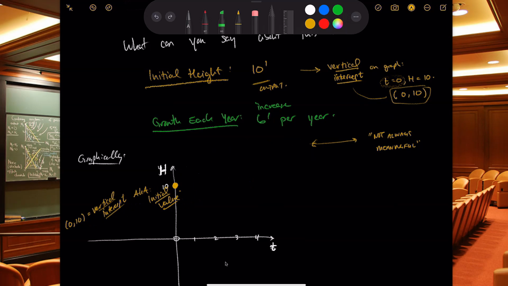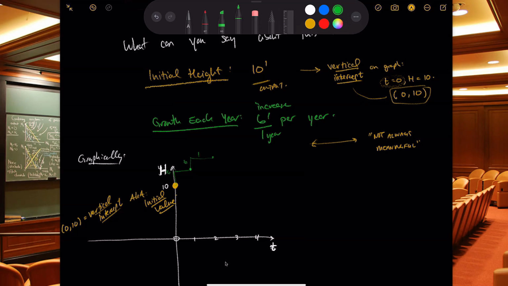One nice thing about having the not actual paper, even though I miss it, is that from 10, we have an increase of up 6 feet over 1 year, right? So up 6 to 16 and over 1.